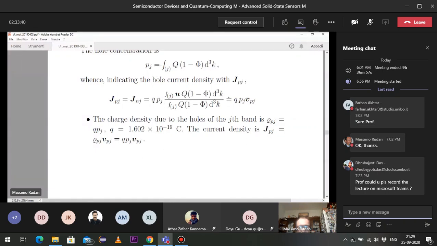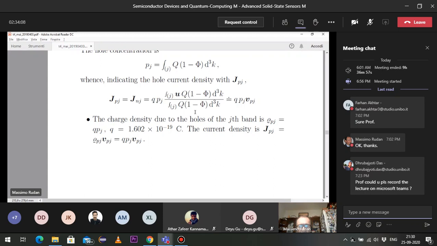When you divide by the same quantity p_j, you use the expression of the integral. So you see the ratio of the two integrals is the average velocity of the empty states, because it is the average of u calculated with 1 minus phi and normalized with the integral of 1 minus phi.